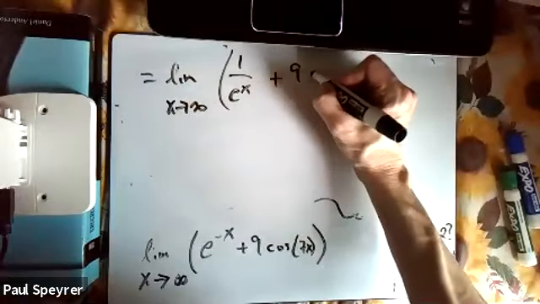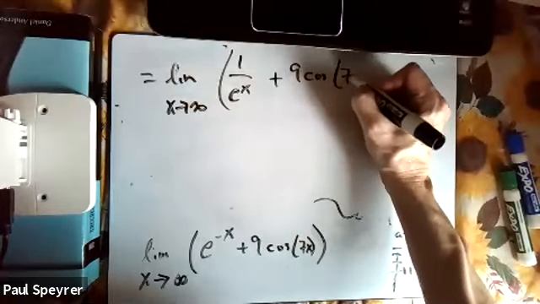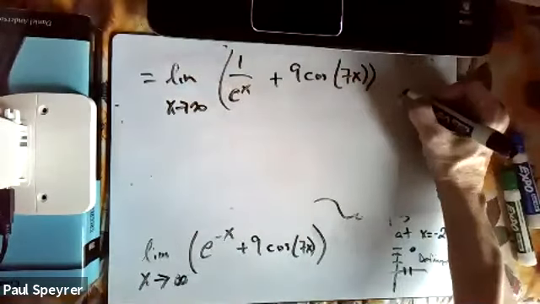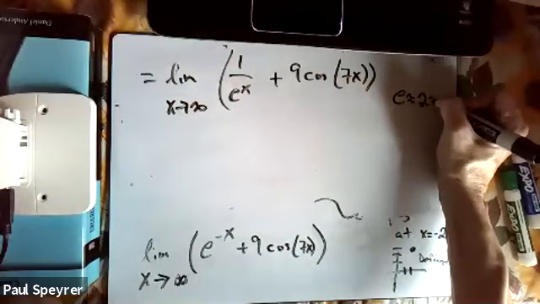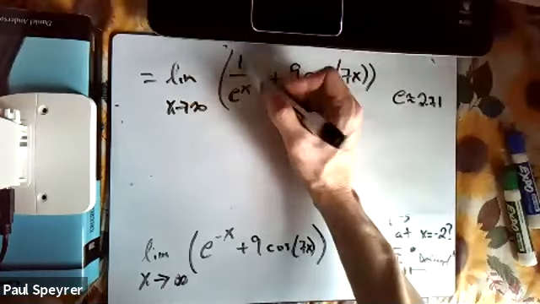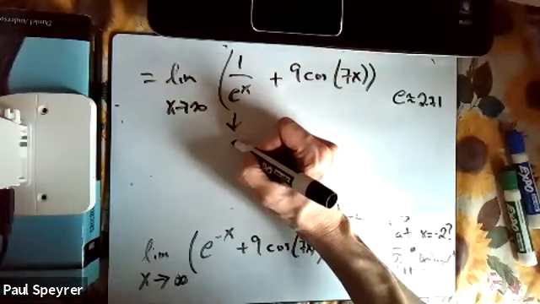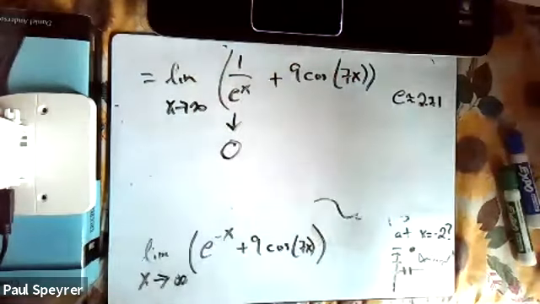This cosine is still there. It doesn't change. Now remember, e is a constant. e is equal to about 2.71. So if we have 1 over 2.71 to the infinity, that just goes to 1 over infinity, which is 0.